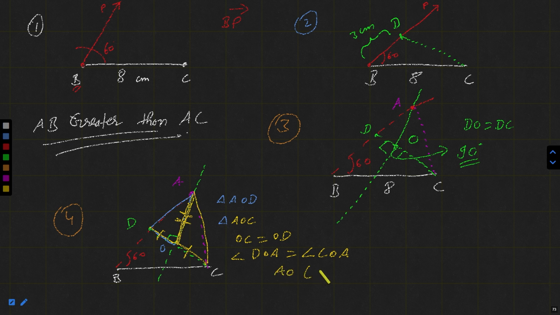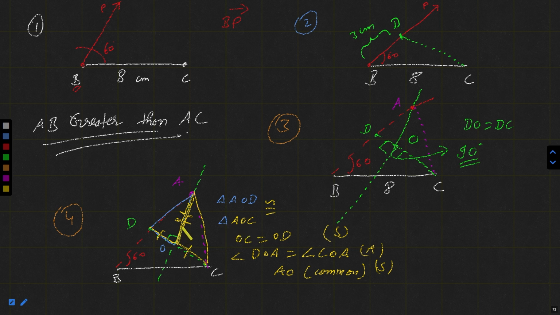So AO is common side. So from side angle side rule, I can easily say that both the triangles AOD and AOC are congruent. So we proved that AOD and AOC are congruent.